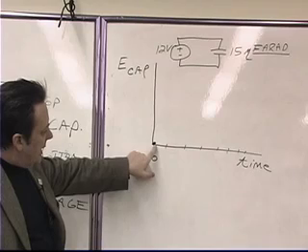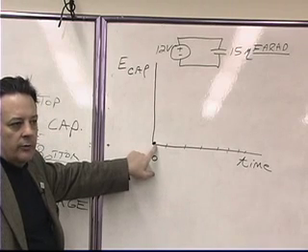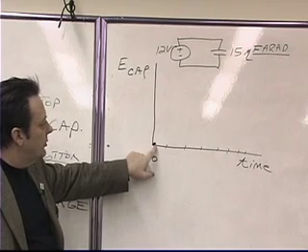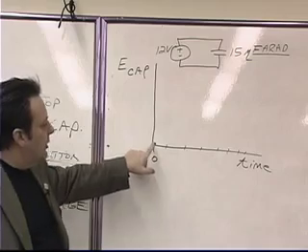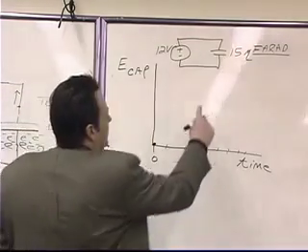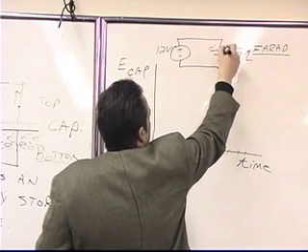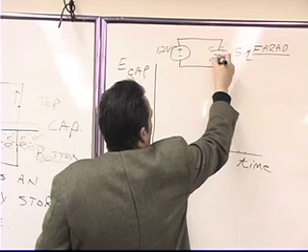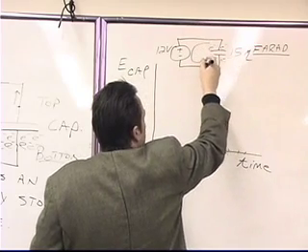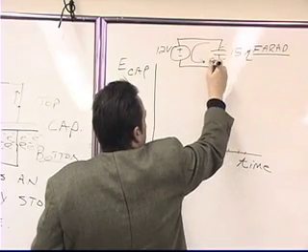We already talked about the fact that when the switch is open, there's 0 volts. Okay? Once the switch is closed, the voltage across the capacitor starts to build up, and the reason that the voltage starts to increase is because the valence electrons that were at the top of the capacitor are now moving to the bottom side of the capacitor. So this electron moves down here.